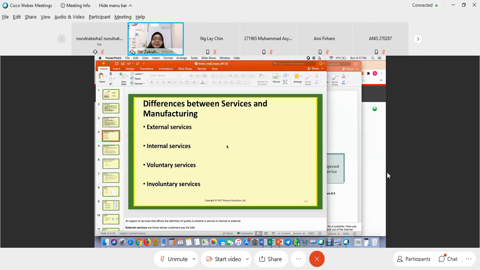External services and internal services. I'm sure all of you know what it means. Anybody can tell me what is external services and internal services? Anybody? External services, internal services.